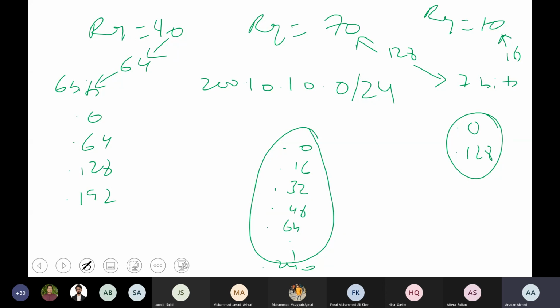Is it clear to everyone now? That is the reason. And by following this rule, you will most likely be satisfying the second rule as well, which is that the beginning address must be evenly divisible. So you will most likely be doing that.